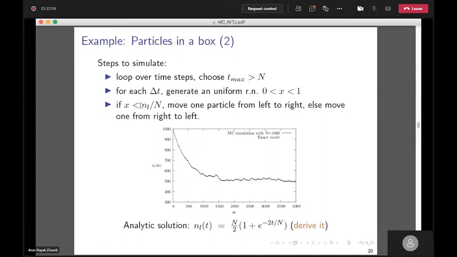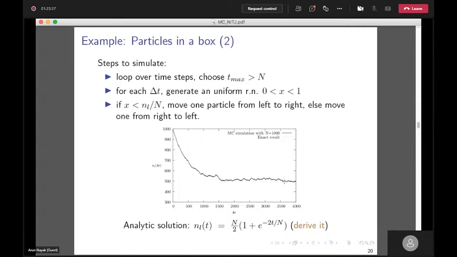If you do this for large enough time steps, then you will get this kind of result. You will see this curve as a function of time steps. If you plot nl, the number of particles in the left, it will slowly become smaller, and then after a certain time it will be in equilibrium. That means it will have approximately the same number of particles in both left and right, and when they are the same, they have almost equal probability for left going to right or right going to left.